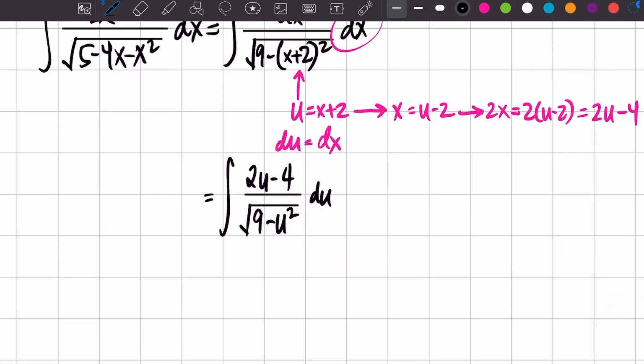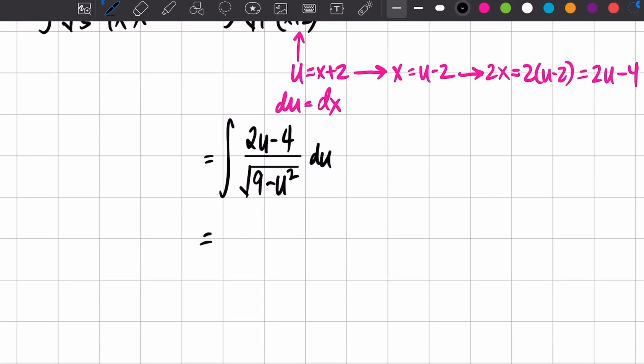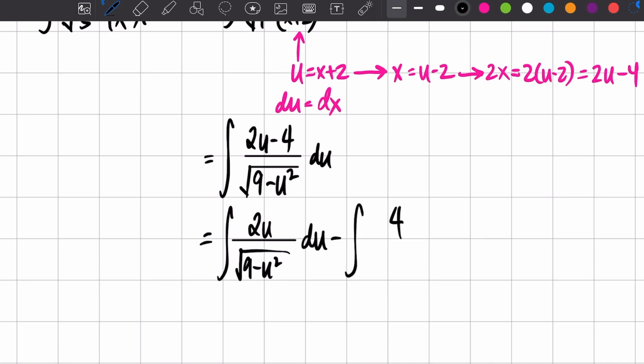And one good thing about this is we can easily split our integral into two. The first one would be the integral of 2u all over the square root of 9 minus u squared du. And for the other one, we have the integral of 4 all over the square root of 9 minus u squared du.